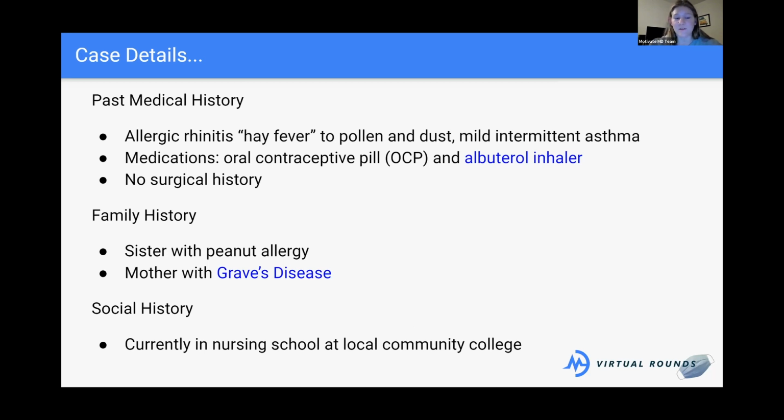And sometimes social history can also help us with the diagnosis, especially if they have occupational exposures, like a construction worker who is having respiratory symptoms after working around a specific chemical or type of material.